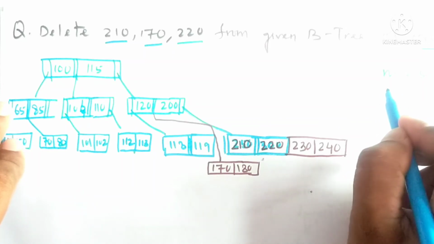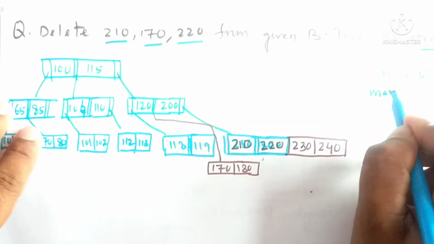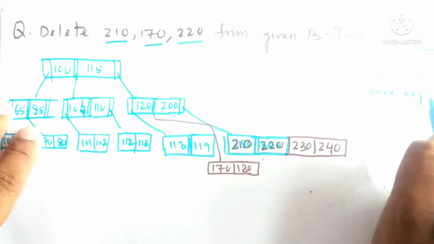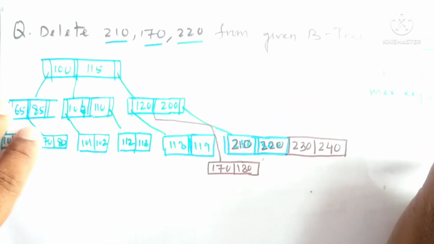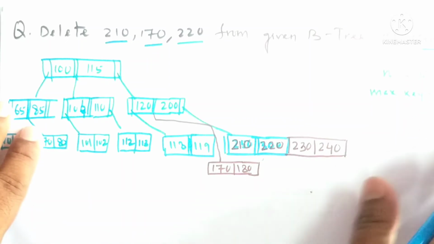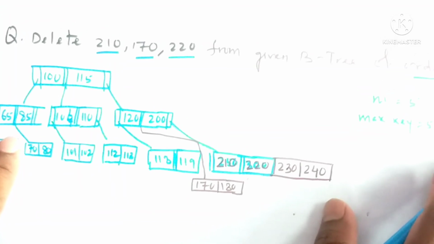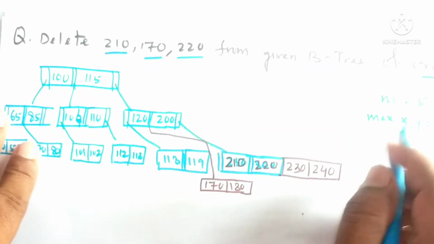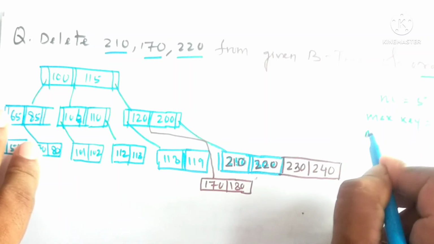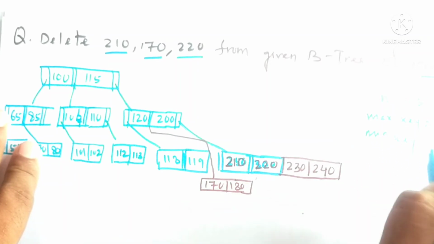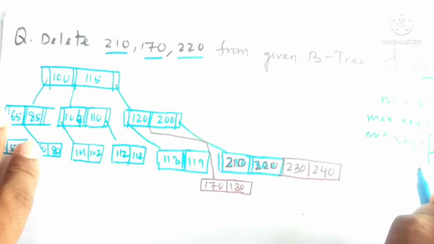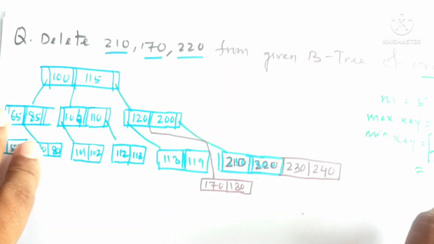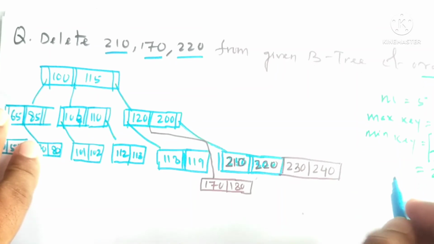Then the maximum keys I can place in each node will be 5 minus 1, that is 4. And the minimum keys I can place will be ceil of 5 by 2, minus 1, which is 2.